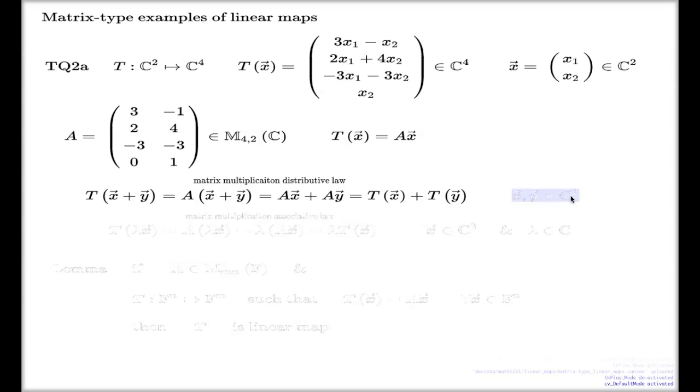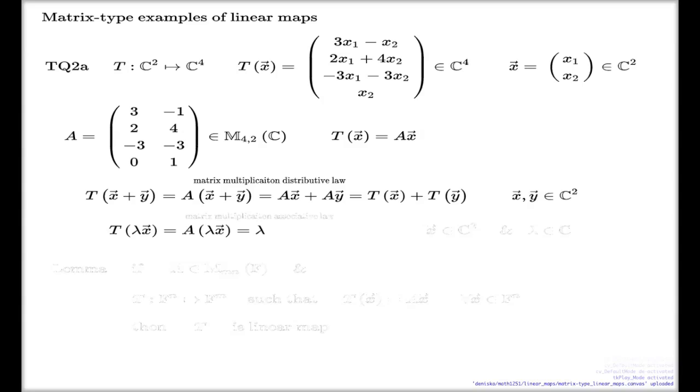And that is true for any 2 vectors from C2. And that's my argument for the second requirement of a linear map. If I apply my linear map to a scaled vector, which again in my matrix multiplication language is simply this expression, here's the place where I borrow something from the past again.